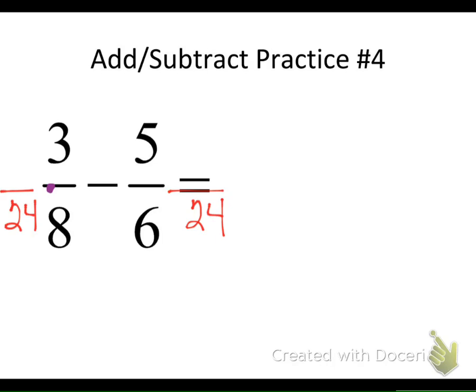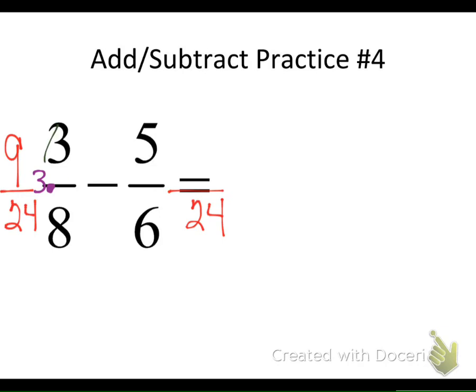Try again. 8 times what number? 3, yeah. So if I take 8 times 3 to get 24, how do I get my new numerator? What do I have to multiply together to get my new numerator? Yeah, so what's 3 times 3? 9. So whatever I multiply my bottom number by, I multiply my top number by.